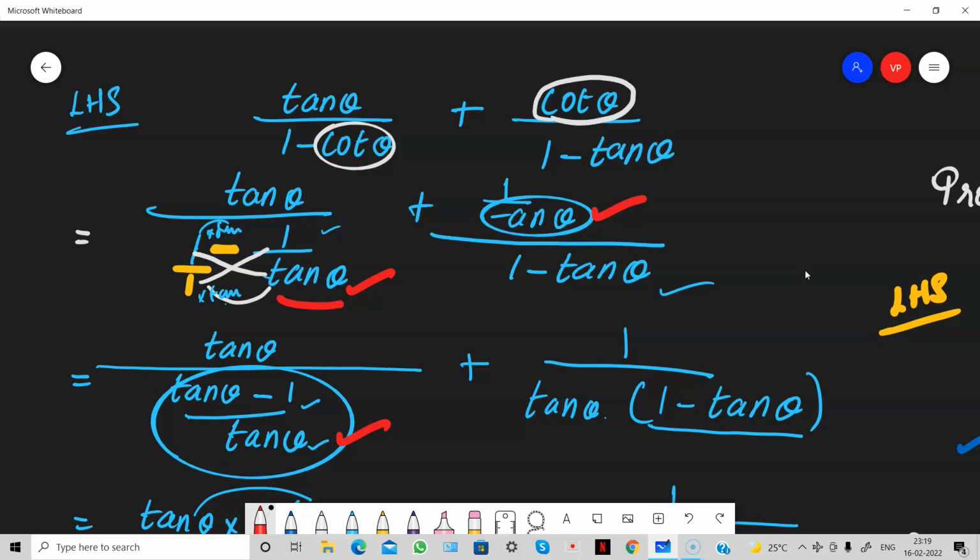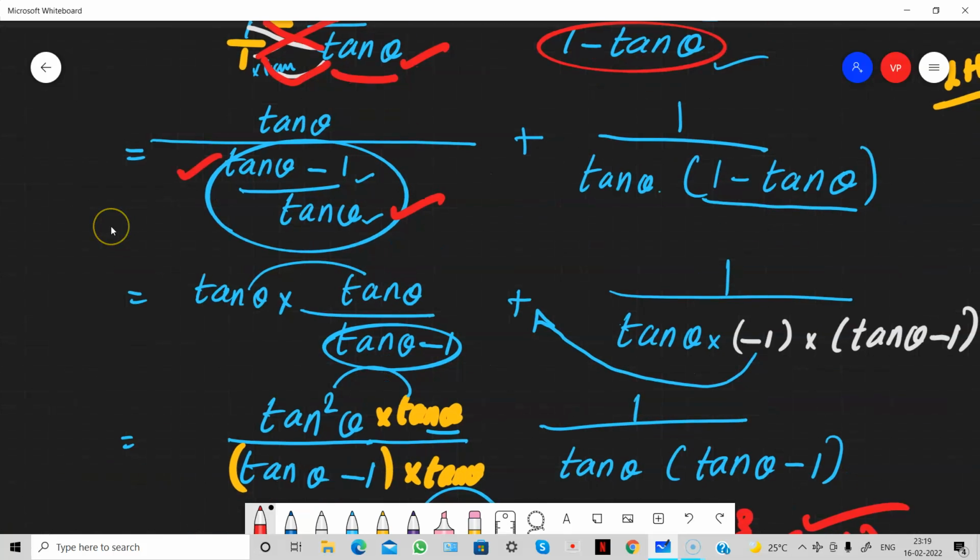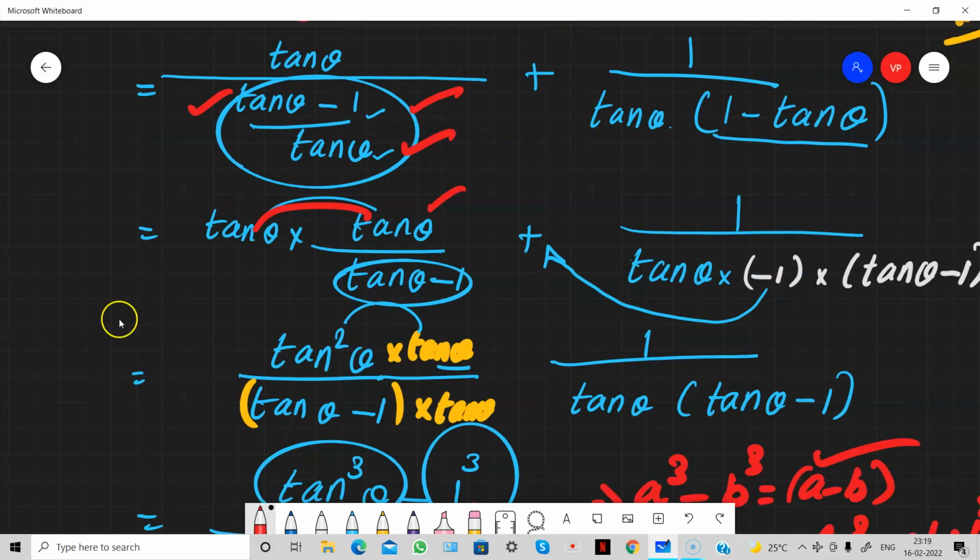Then cross multiplication, this one and this one. So then we get tan minus 1 by tan. Here you just take this denominator and write this here. Right. Then what is the next step? Tan theta. If you take the reciprocal of this one, tan in the numerator and tan minus 1 in the denominator. And if you multiply, we get tan square theta.